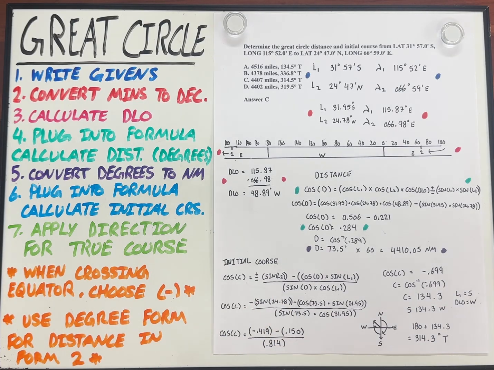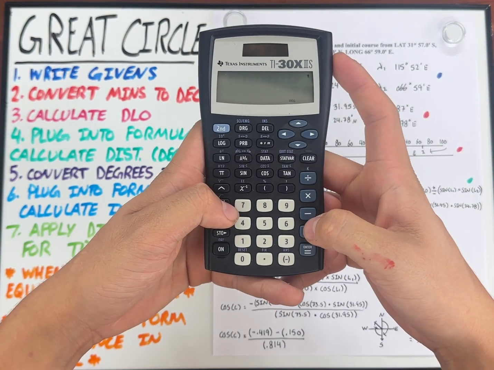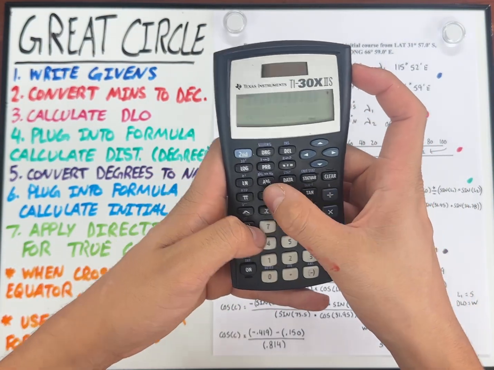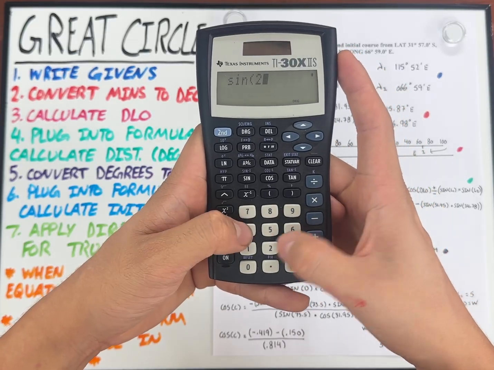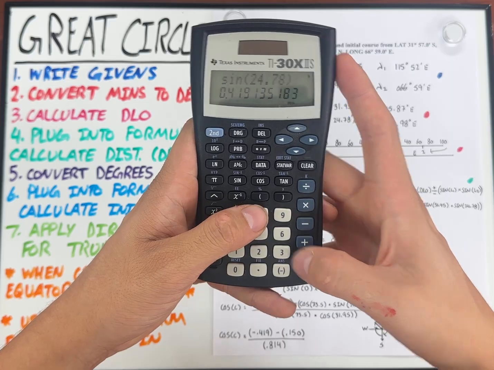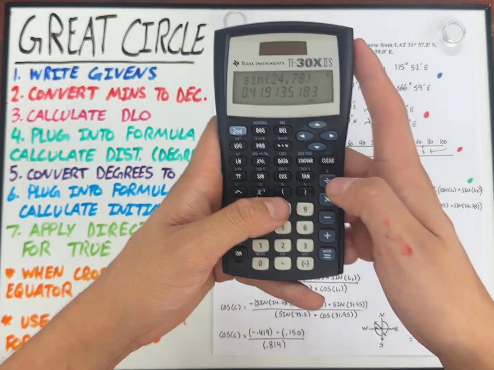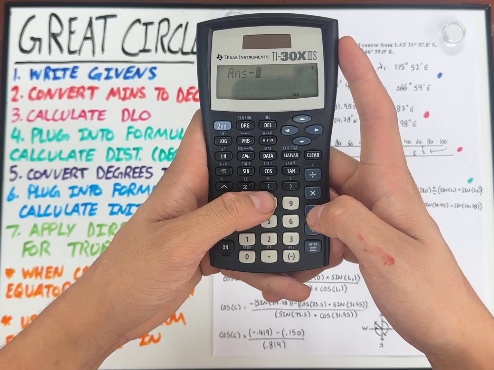And let's not forget to make sure we apply that. In this case, it will be our sine of lat 2, 24.78, which is 0.419. I have that here. I have added my minus sign, and we'll do the second half of that problem.